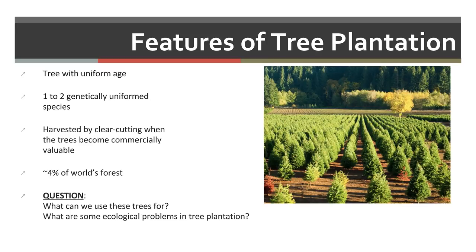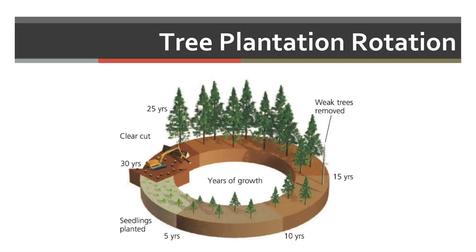Biodiversity is very limited. There are different stages, and the whole cycle takes about 30 years, and they would do selective cutting in the middle of the cycle to remove some weak trees or sick trees.